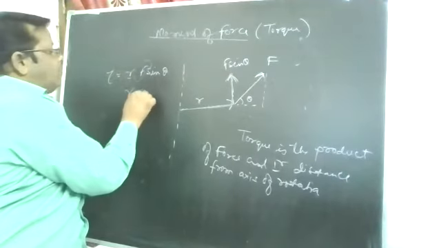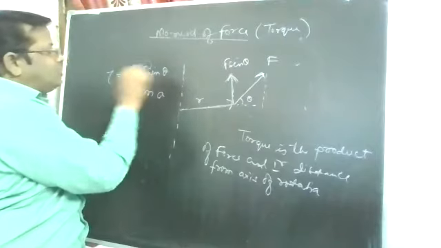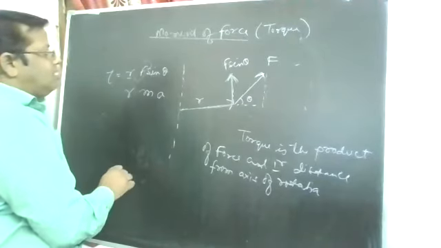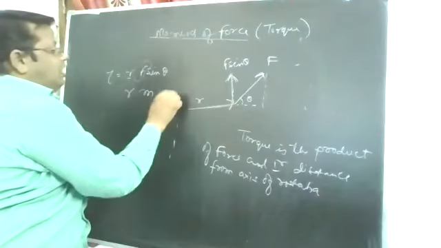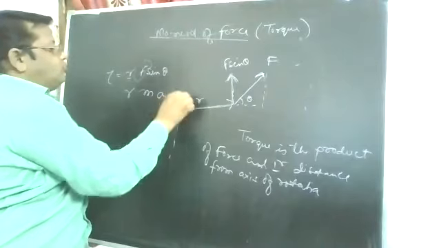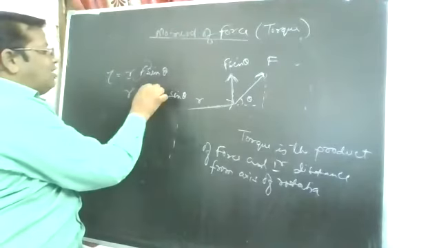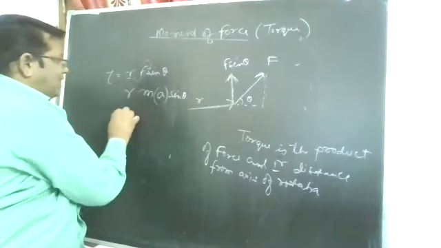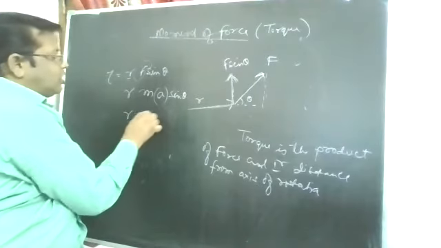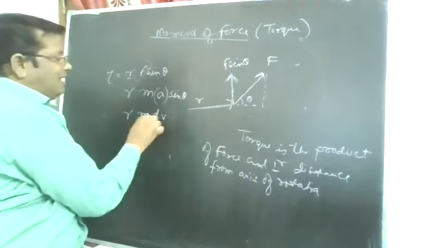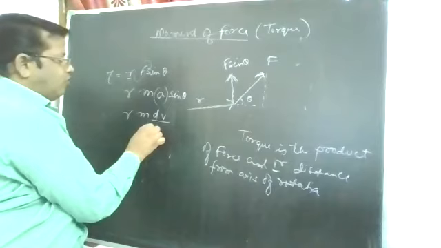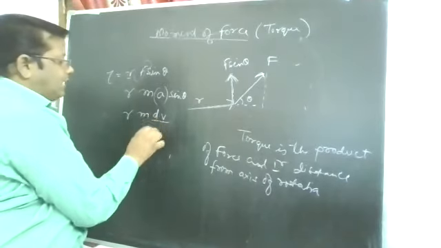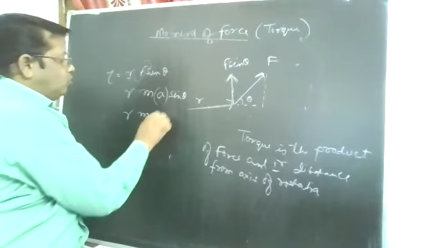to mass into acceleration, into sin theta. Now you see here, what is acceleration? Acceleration is equal to dv by dt, the rate of change of velocity with respect to time.